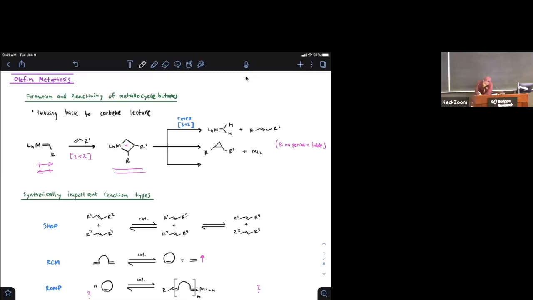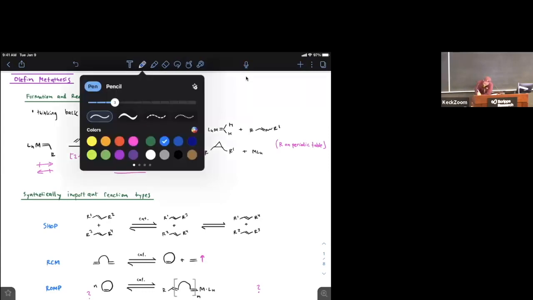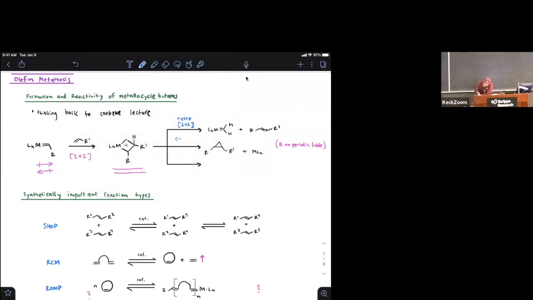Let me see if I can draw this suggestively. Aha, beautiful. So beta hydride elimination followed by CH reductive elimination.